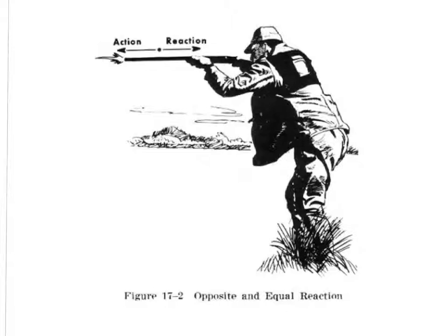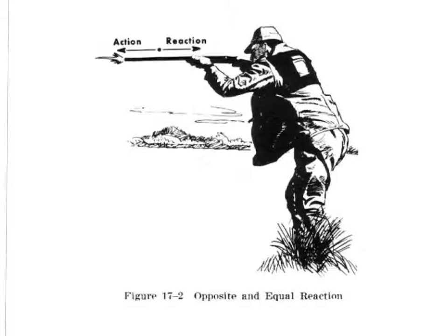Here's another example of action and reaction. This man is hunting with a hunting rifle, and the action is the bullet exiting that rifle at a very high velocity with very high acceleration. Even though the mass is fairly small, the acceleration is extremely high, so we have a very great amount of force going this way. The reaction this way will be the same amount of force.